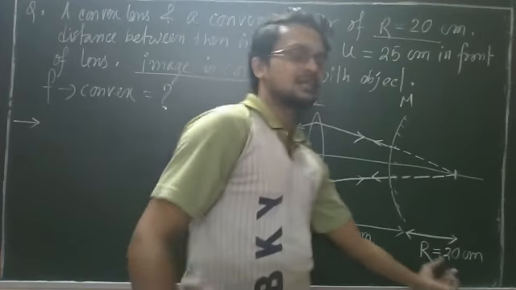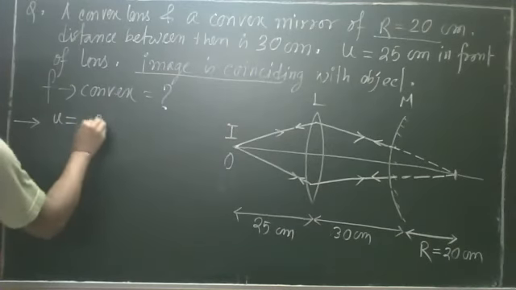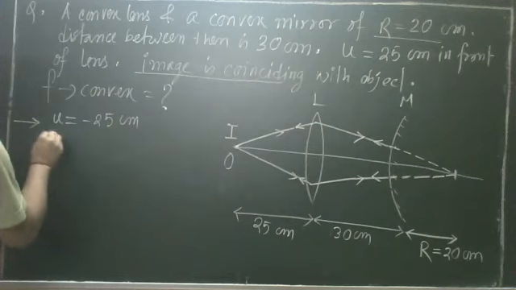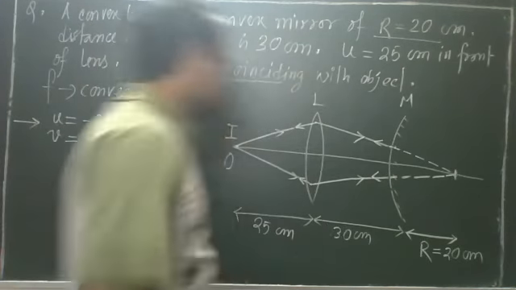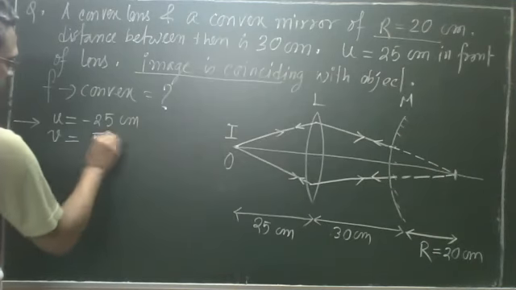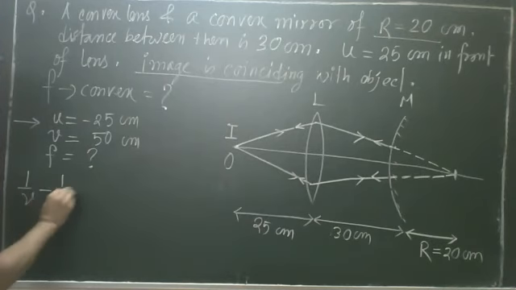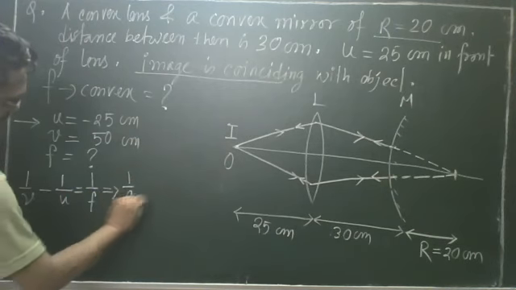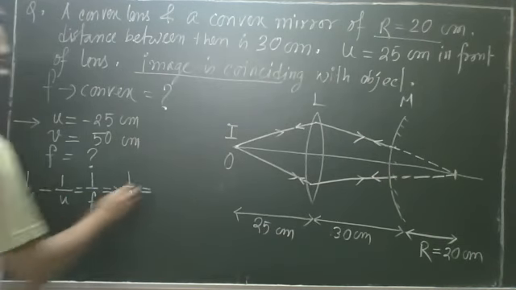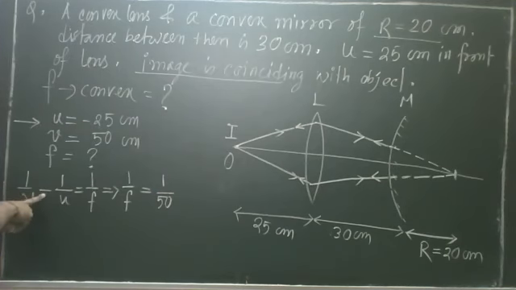So the image distance is 50. U equal to minus 25 centimeter, V equal to 30 plus 20, which is the total distance, 50. We have to find F, so we use the formula 1 by V minus 1 by U equal to 1 by F. So 1 by F equals 1 by 50 plus 1 by 25, since U is negative and there is already a negative sign.